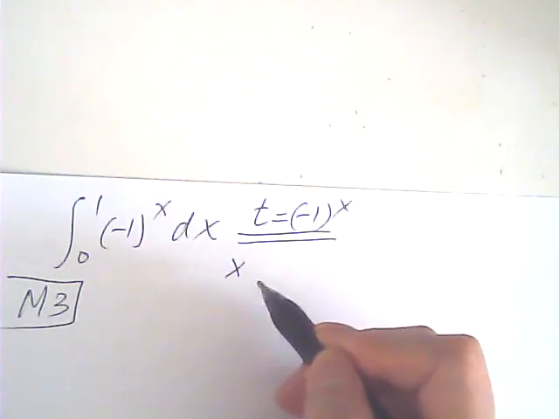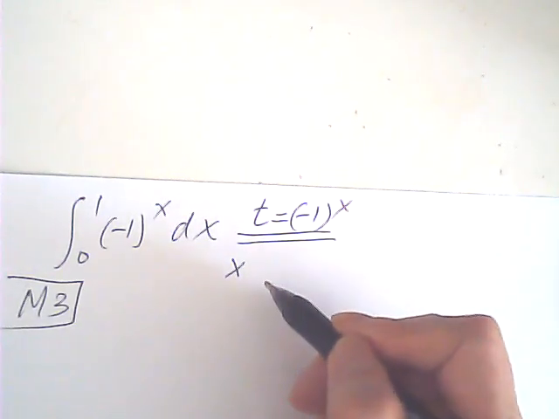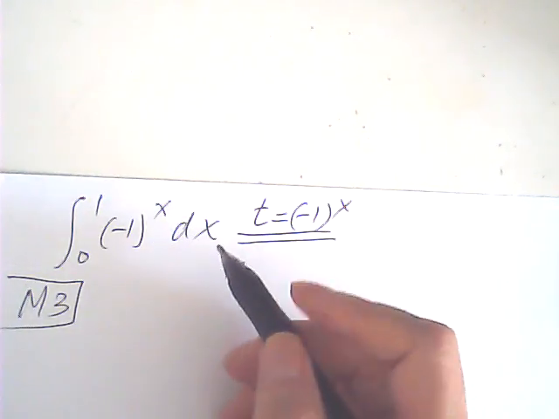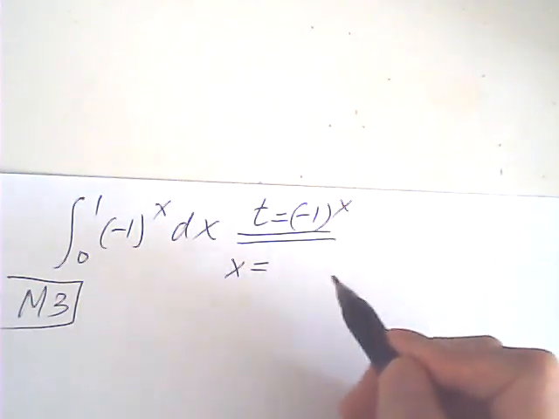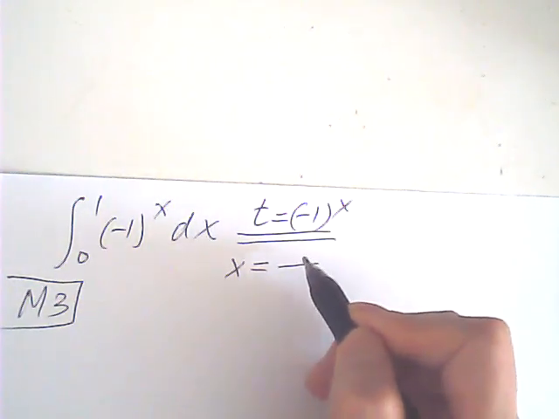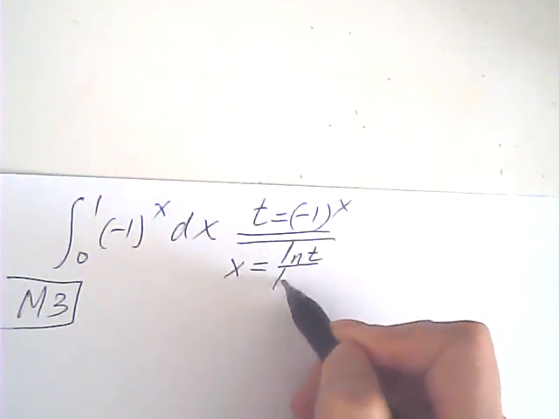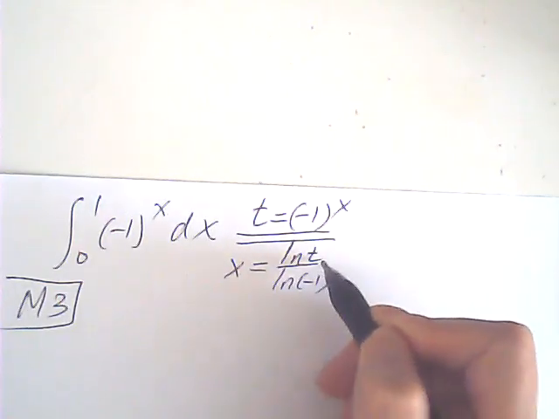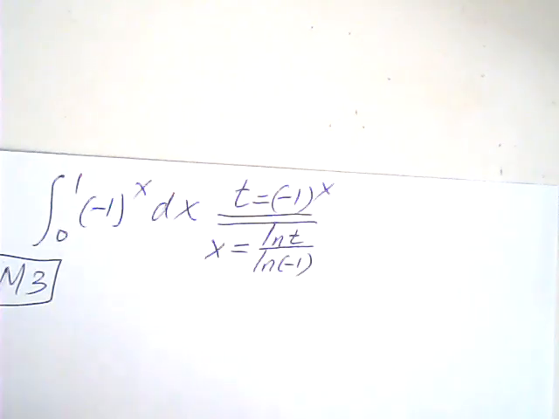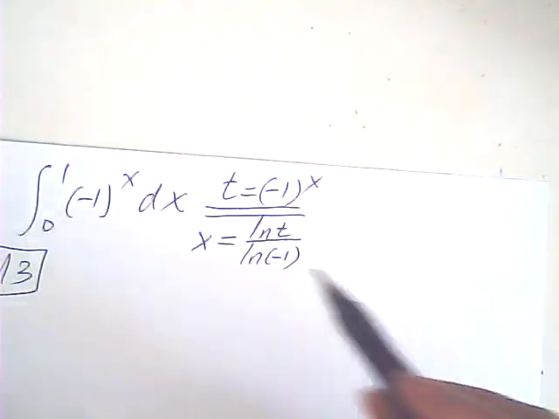So x is equal to what? X equals log t over log of negative 1.